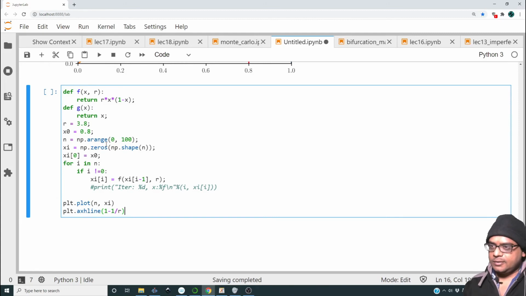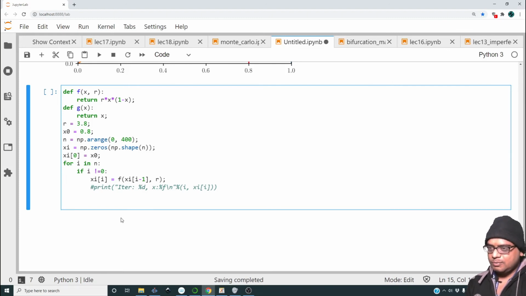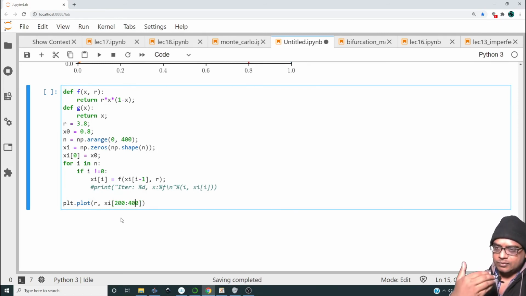Over here we will increase the iterations to 400, and we will plot not the time series but the iteration series, n versus xi, but we don't want this. In fact, we don't want any of this. So we have to plot r versus xi going from 200 to 399.